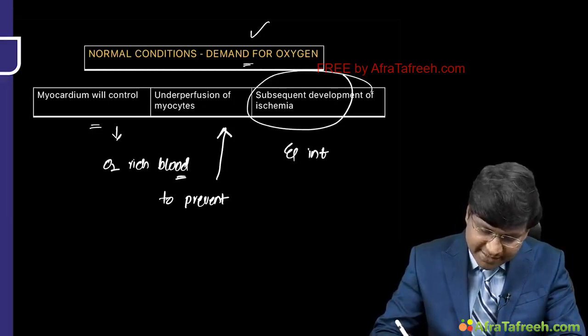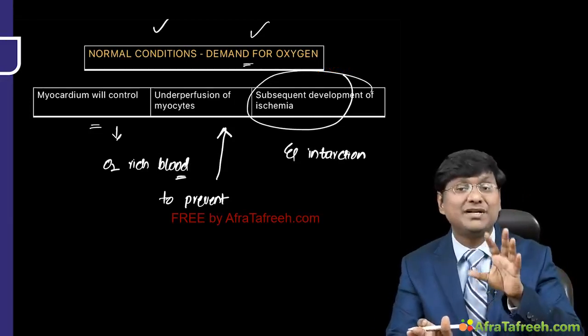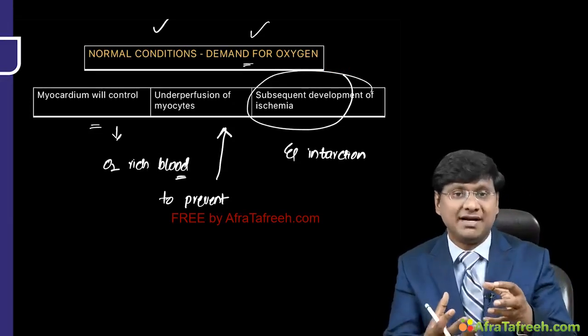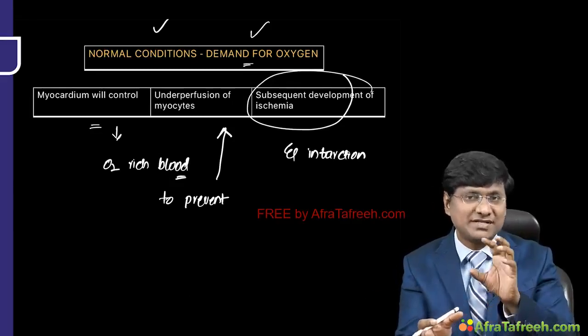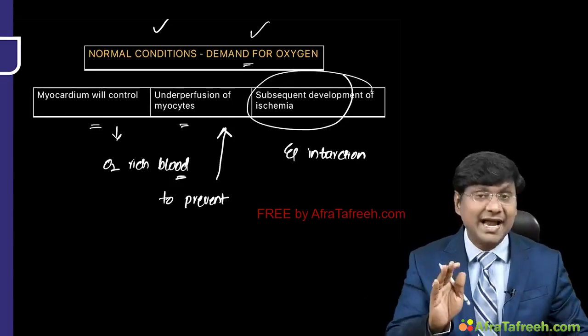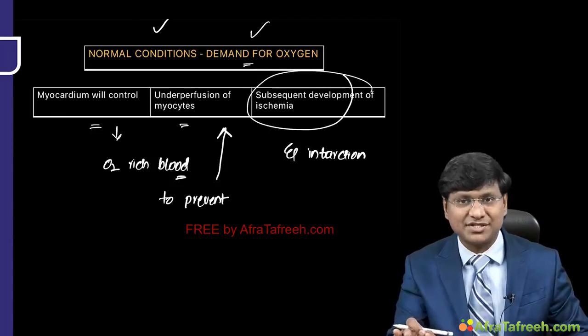So in a normal individual, the myocardium will control the oxygen demand, and thereby the oxygen which reaches the myocardium will supply the myocytes, and thereby there will be prevention of ischemia and infarction.